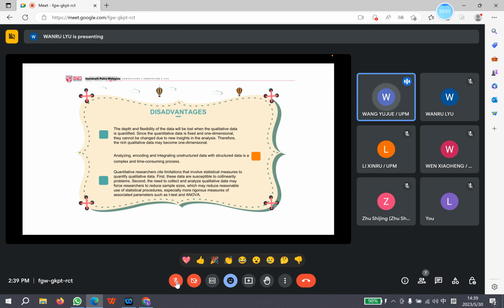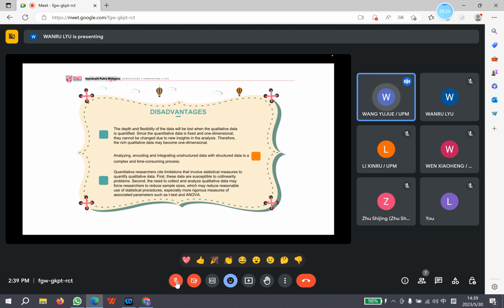And quantitative data researchers cite limitations that involve statistical measures to quantify qualitative data. First, this data is susceptible to collinearity problems.